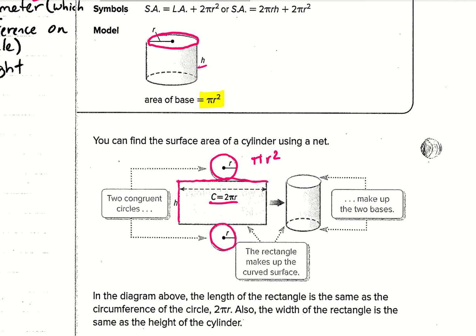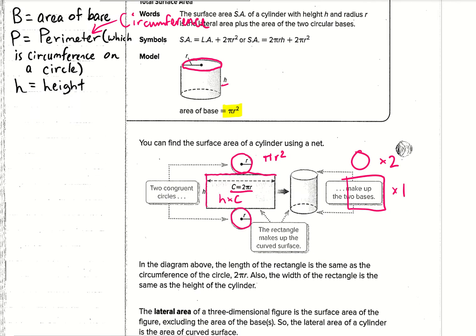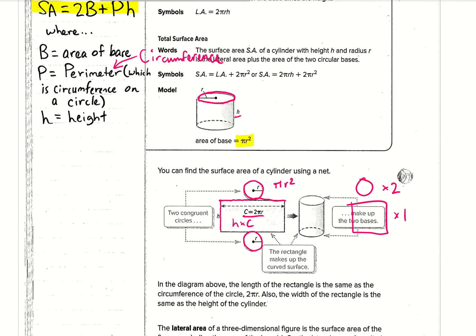So in order to find the area of that shape, we would just do h times c, the height times the circumference. That'll give us the area of that one, and we'll add them all together. So we add the circle times 2, and the area of this part, the height times the circumference, and there's just one of those. Then you add those together and you get the surface area of a cylinder.